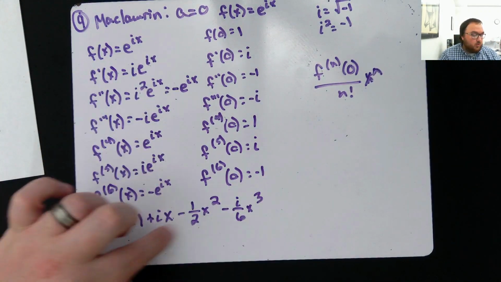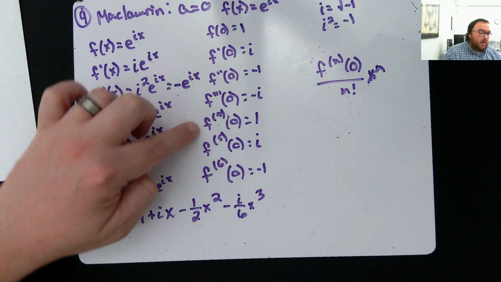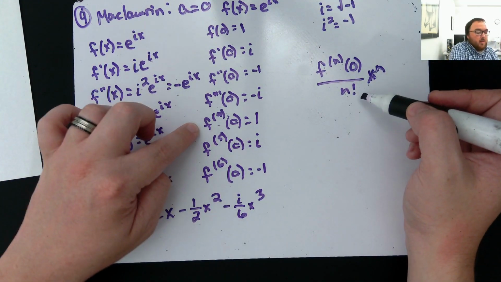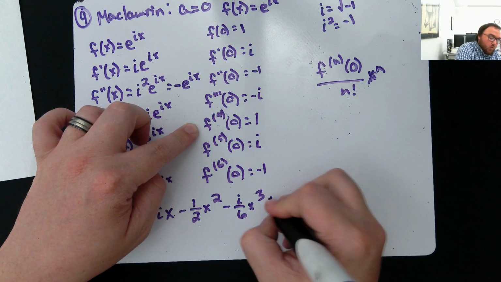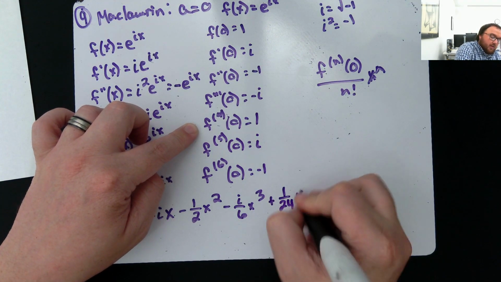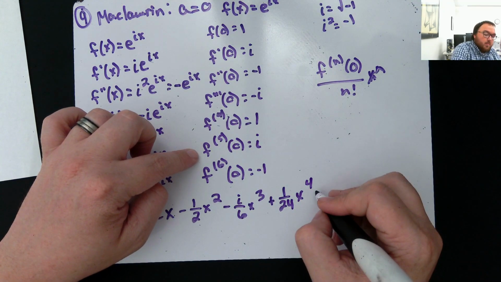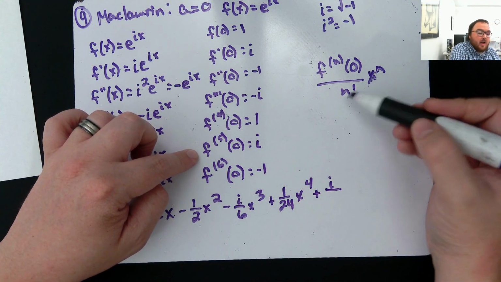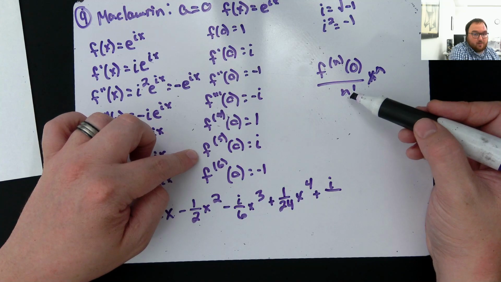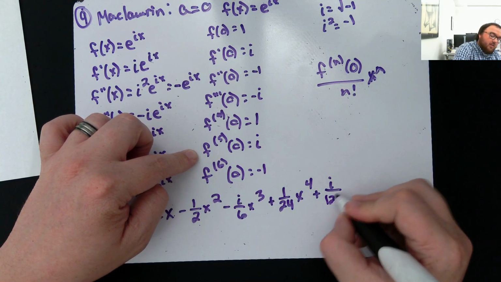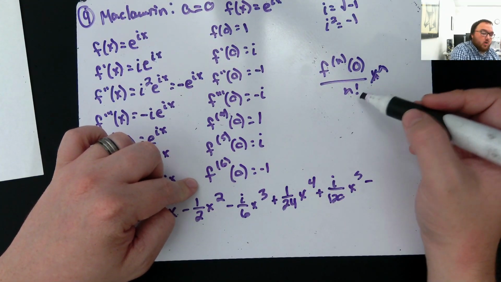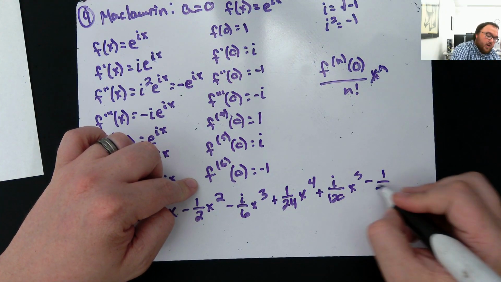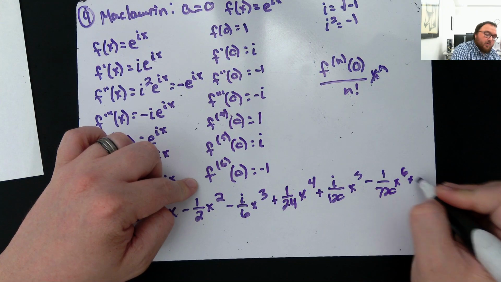And then 1, 2, 3, 4. Okay, so now I'm right here. 1 divided by 4 times 3 times 2 times 1 is 24, x to the fourth. Plus i over 5 times 4 times 3 times 2 times 1 is 120, x to the fifth. Minus 1 over, times that by 6 gives you 720, x to the sixth, and it would keep going.